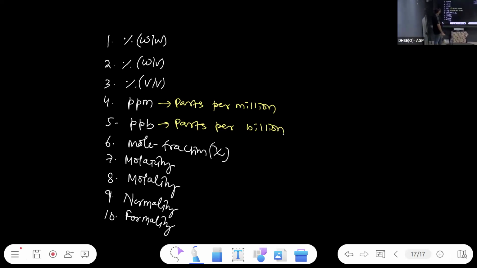Then mole fraction, molarity with symbol capital M, molality with symbol small m, normality capital N, formality capital F. Okay, so these are the concentration units. Quickly note them down. Students, note it down quickly.